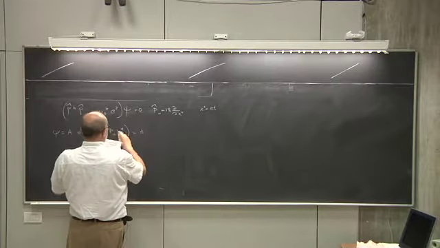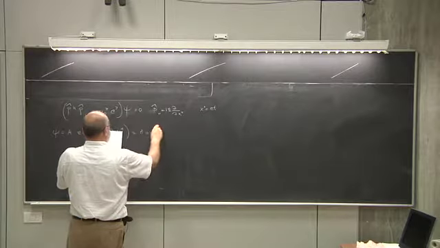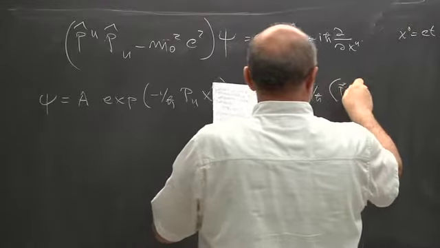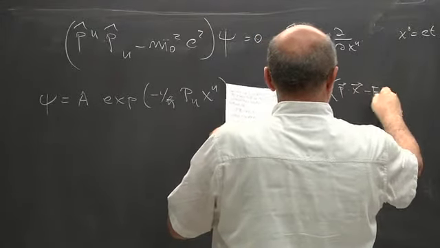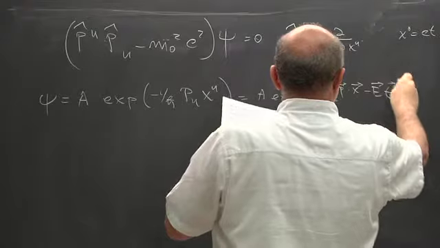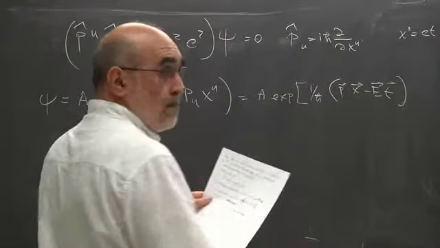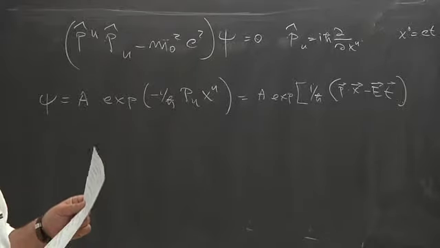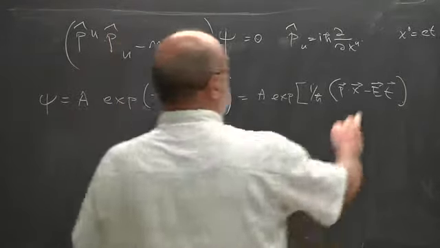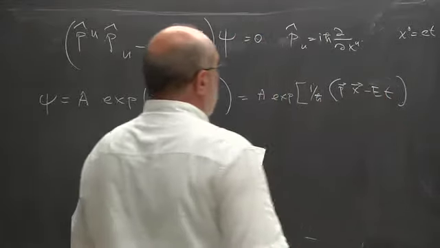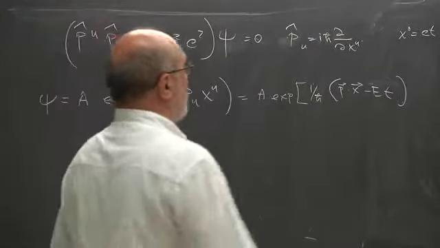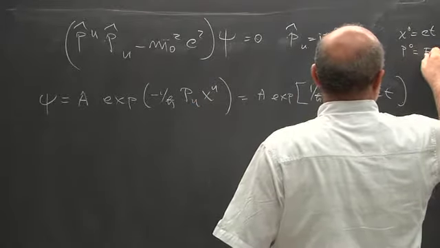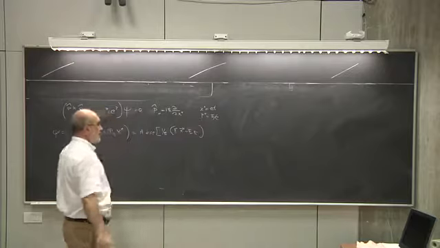If we write it in components, it is exponential of i over h bar times p·x minus Et. Why does c disappear? Because p0 is E over c, and so c cancels.